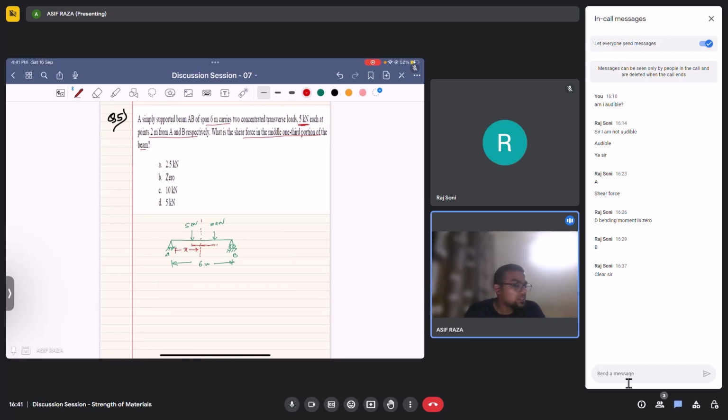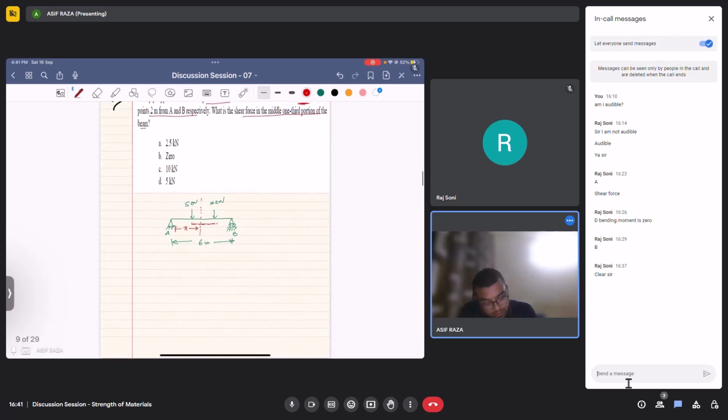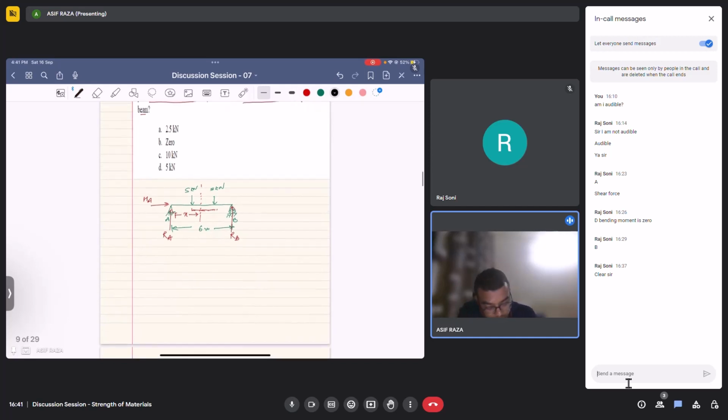So for this, let us draw the shear force diagram. First, what would be the reactions at the supports? Let's draw R A, R B, H A. Using sigma Fx equal to 0, this would give me H equal to 0.